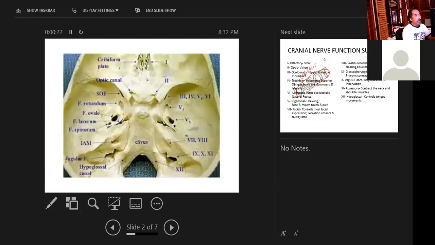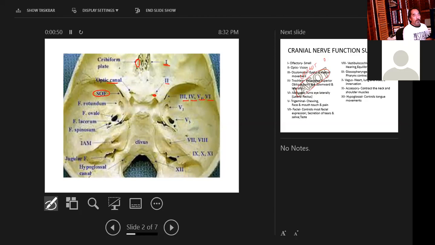All right, so these are the holes where the cranial nerves pass through. The cribriform plate is where the foramina are located. That's for cranial nerve 1. Cranial nerve 2, the optic, passes through the optic canal. Cranial nerves 3, 4, 5, and 6 pass through the superior orbital fissure. And these are just some of the branches of cranial nerve 5, but I'll focus more on the cranial nerves.